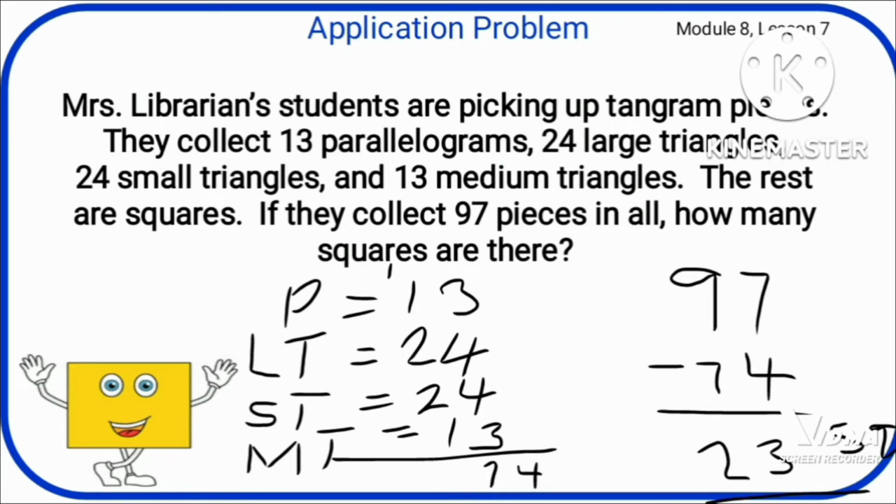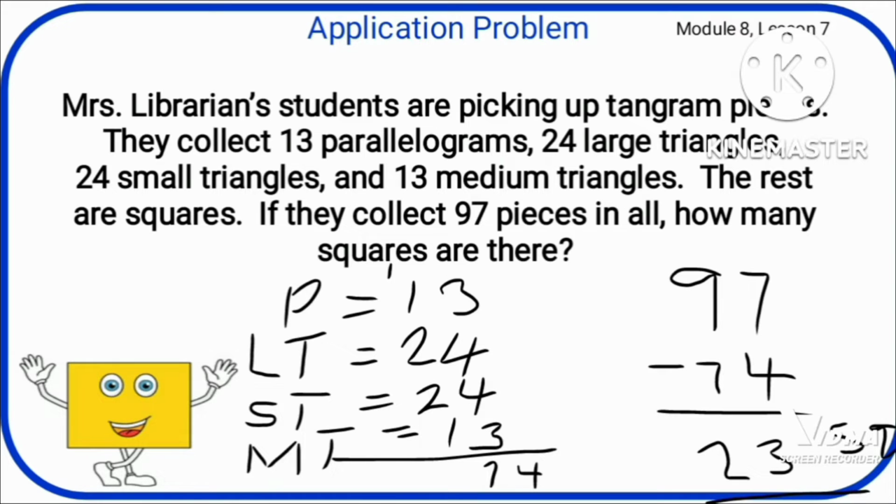Mrs. Librarian's students are picking up tangram pieces. Remember that shape puzzle that is a square but has so many shapes inside it that we can put apart each of the shapes and then put them together again, tangram.